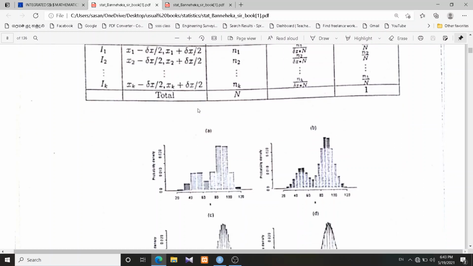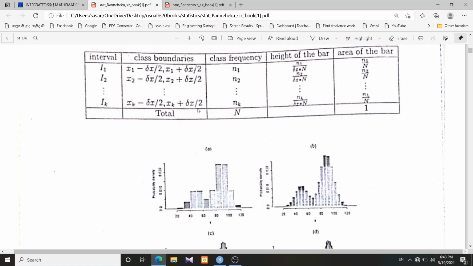We're going to make it a very tiny part, because once we talk about continuous data, we can let delta x go to 0. Here delta x is a finite value now, right? So the class frequency will be denoted by little n1.